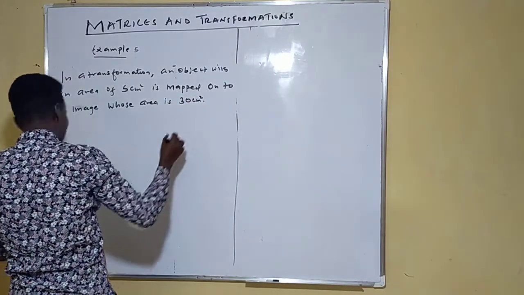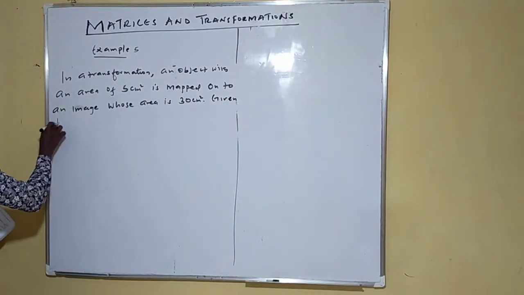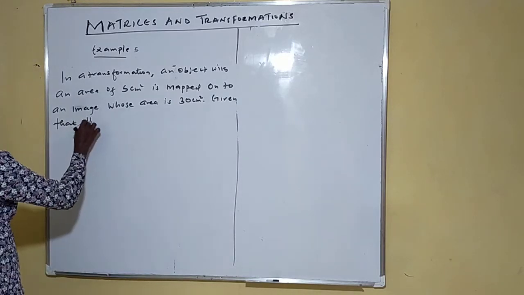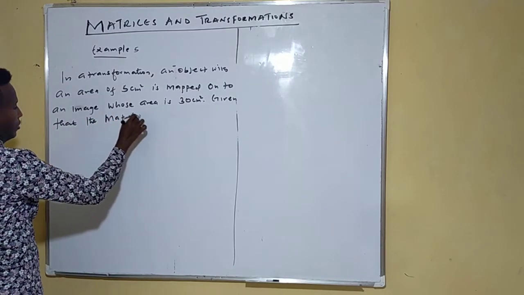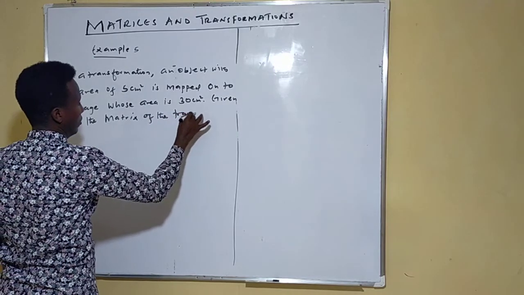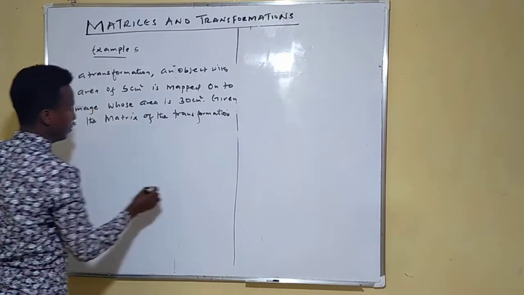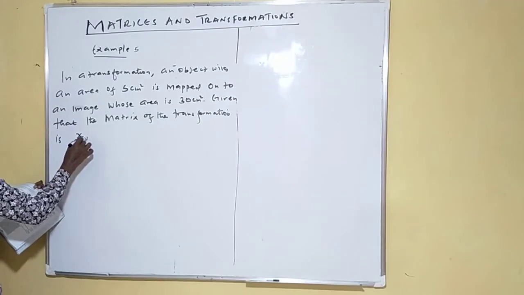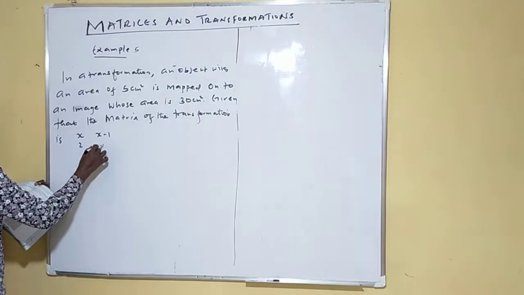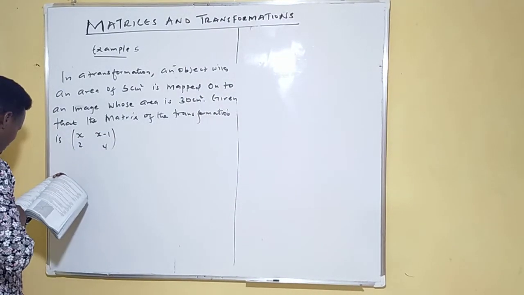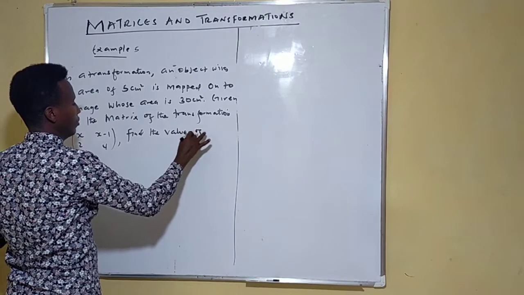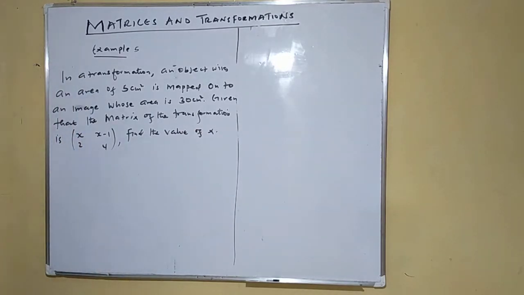Given that the matrix of the transformation is x 2, x minus 1 4, find the value of x. Find the value of x, okay?